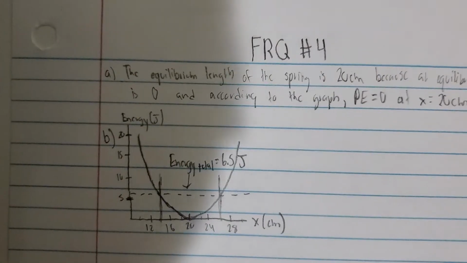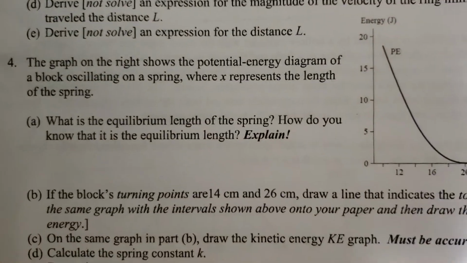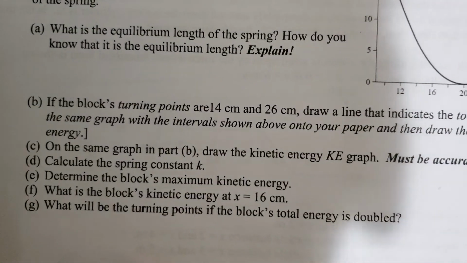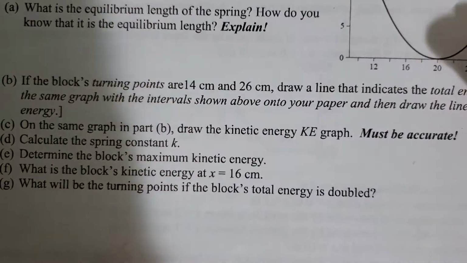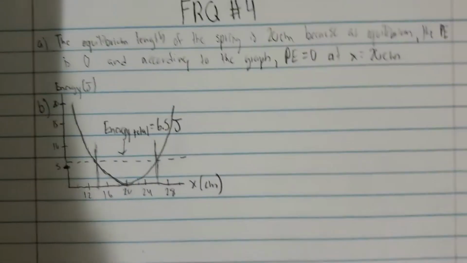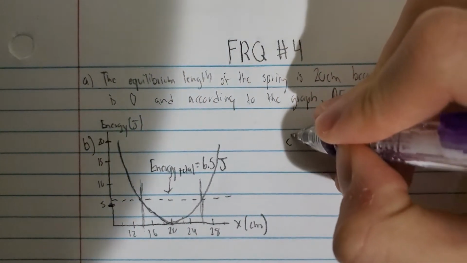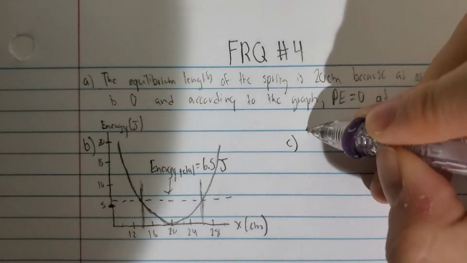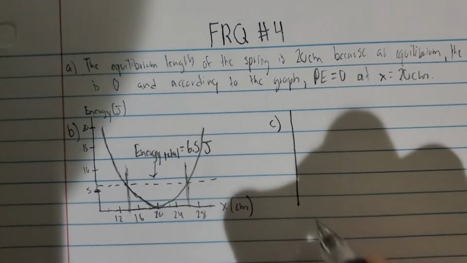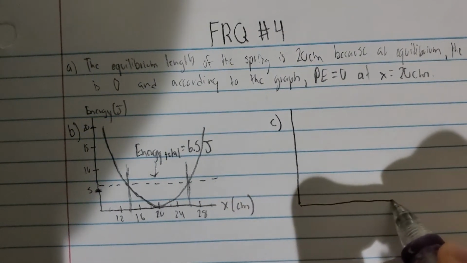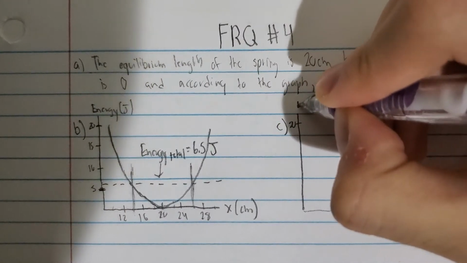That's part B. Now part C wants us to, on the same graph in part B, draw the kinetic energy graph. Okay, so I'm not going to draw it in the same graph, but I'm going to make a similar graph, because I already have a lot of things on here. So energy.